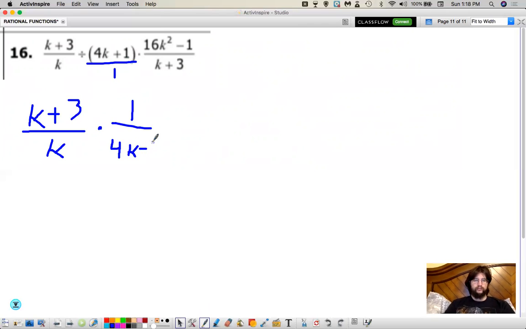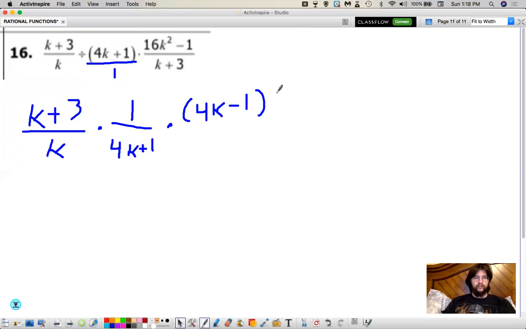That's terrible sign. Difference of squares, we're multiplying, so I'm not going to reciprocate it. That's going to be 4k minus 1, 4k plus 1, and k plus 3. I'll put these in parentheses.